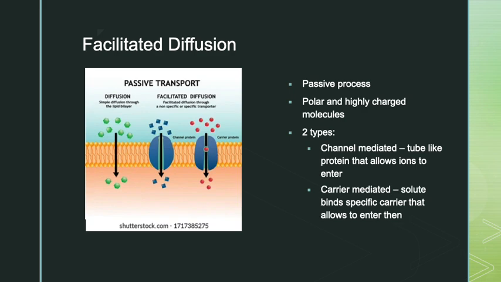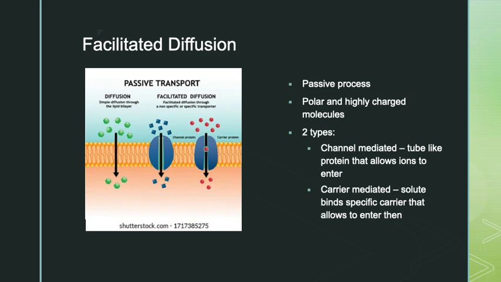Our channel mediated facilitated diffusion uses a channel, like an ion channel, to allow those positive or negatively charged ions to travel across from one side of the cell membrane to the other. We also have carrier mediated facilitated diffusion, where a specific molecule is going to bind to that carrier.